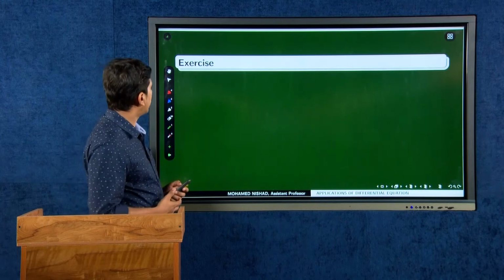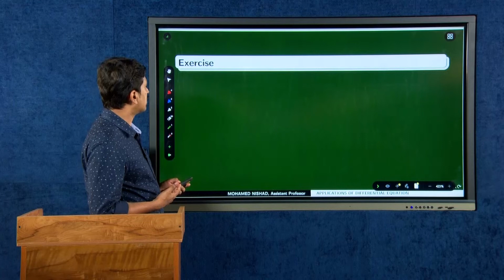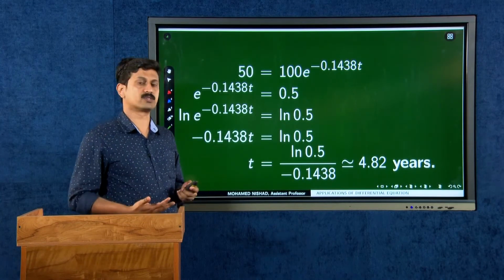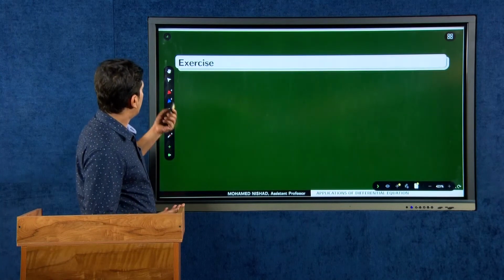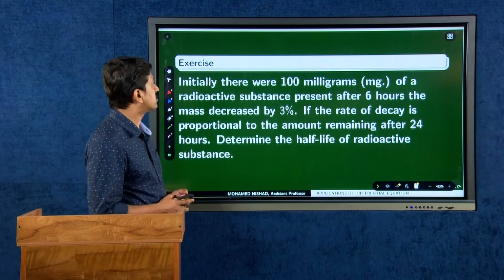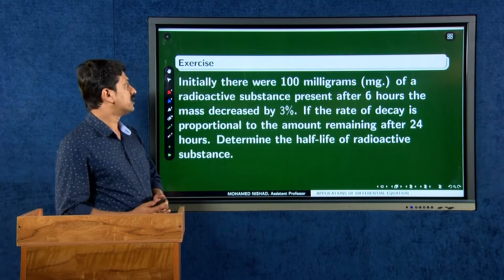Okay, dear students, I am providing one more exercise. I just ran through this question very speedily, but it is very simple. You can do that by yourself as an exercise also. One more exercise question: initially there will be 100 milligram of radioactive substance present.